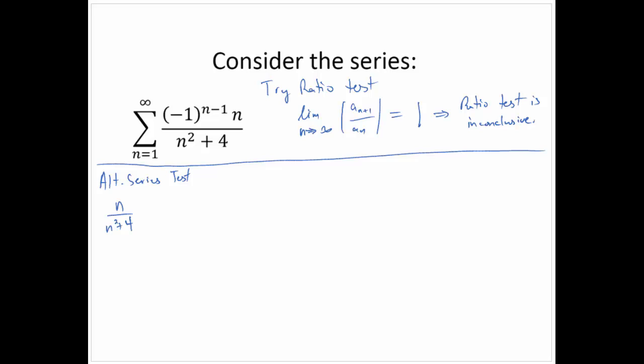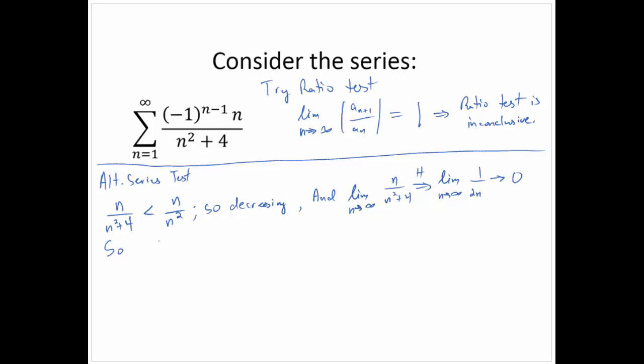Well, that would be less than n over n squared, so it's decreasing. And the limit as n approaches infinity of n over n squared plus 4, by L'Hopital's rule, would be the limit as n approaches infinity of 1 over 2n, which does approach 0.